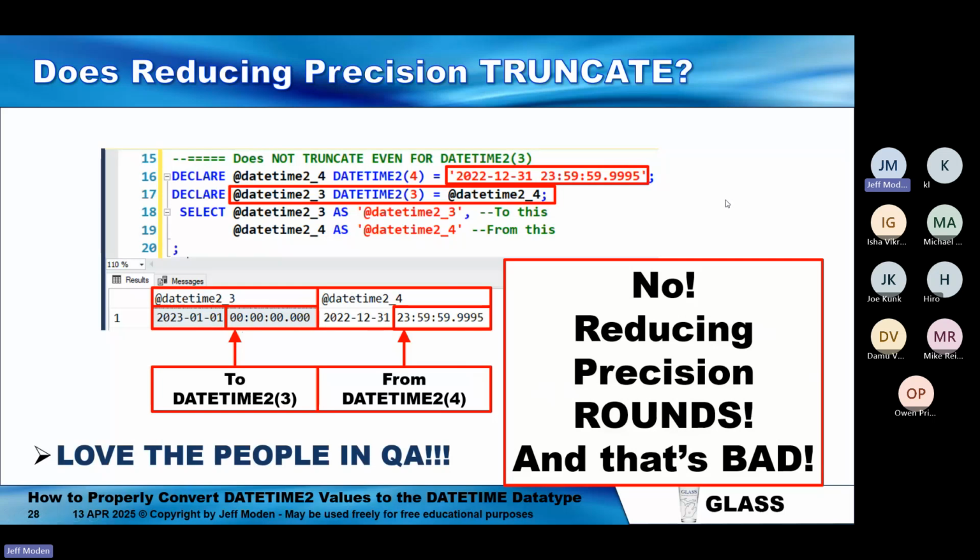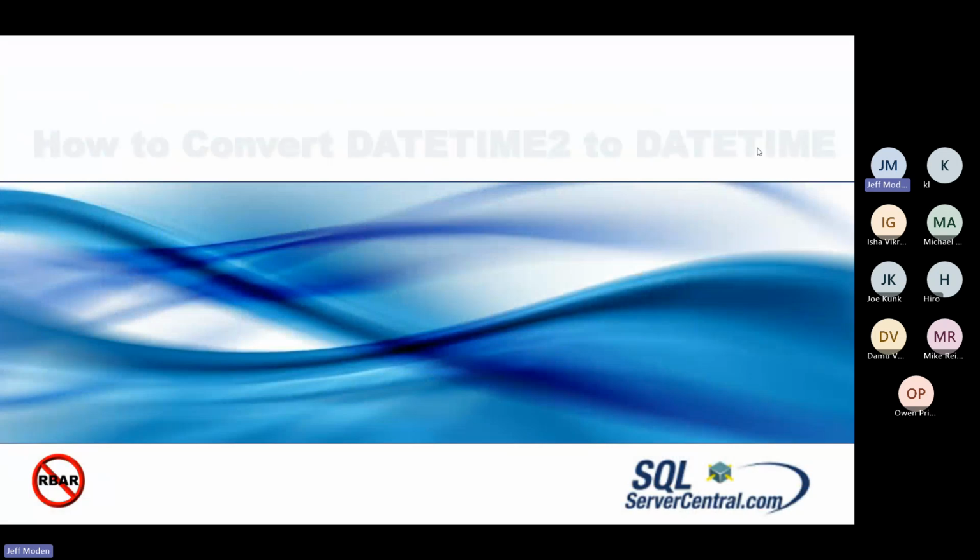And this is why I also love the people in QA, because one of my favorite parts of writing code is for me to test the edge cases, and it's the people in QA that say, start testing with the edge cases. They're going to tell you if it's going to work or not, and then fix it, because you won't get it right the first time, and they were so right.